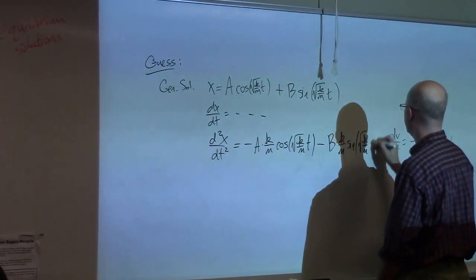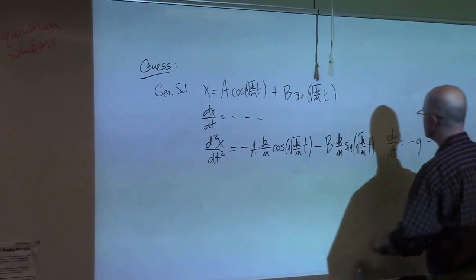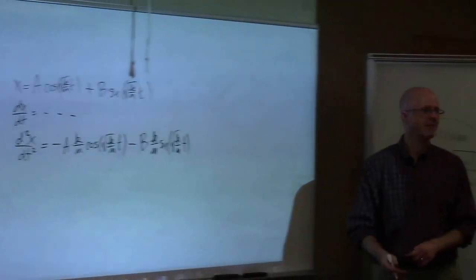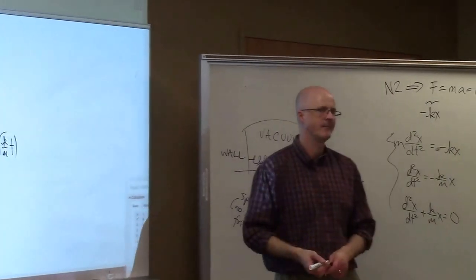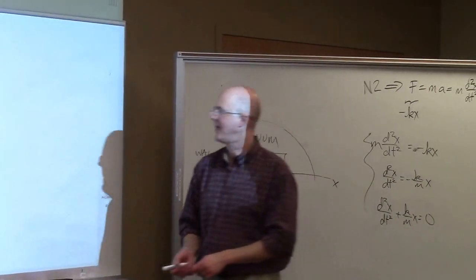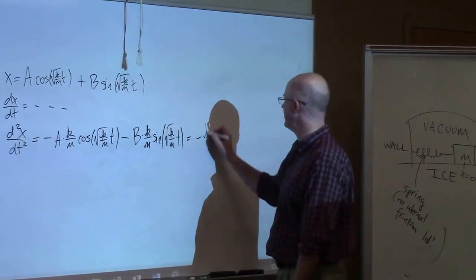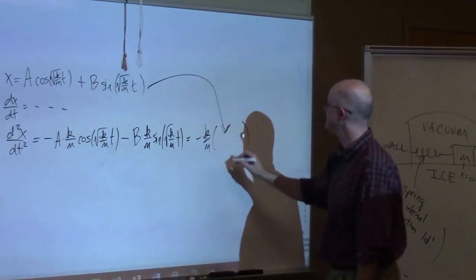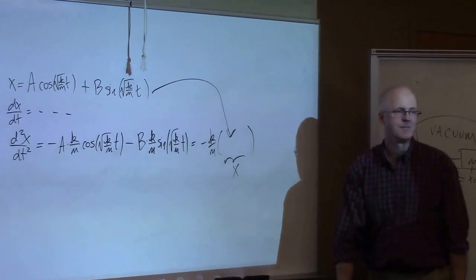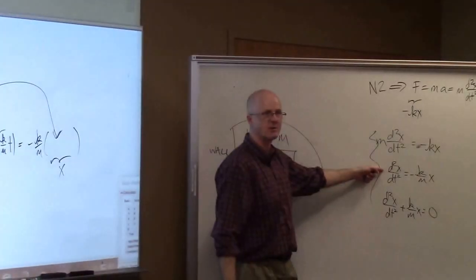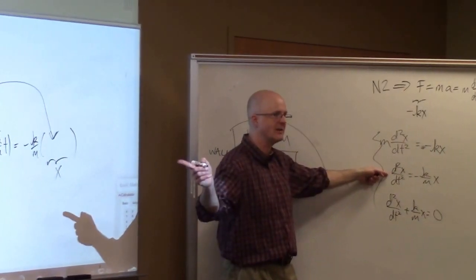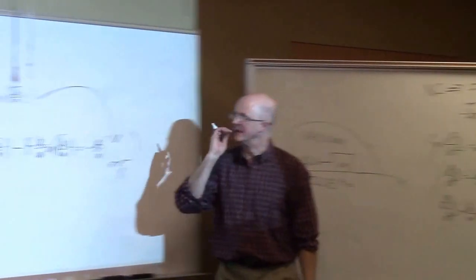I used the chain rule in my mind there a couple times, getting a square root of k over m in front each time. And this is negative k over m times the original function, times x. It solves this differential equation. It is a solution. This guess does work, as long as the coefficient of t is square root of k over m.